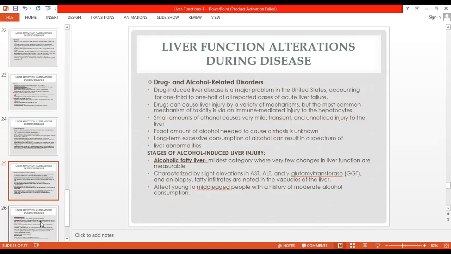Drugs can cause liver injury by a variety of mechanisms, but the most common mechanism of toxicity is via an immune-mediated injury to the hepatocytes. In this type of mechanism, the drug induces an adverse immune response directed against the liver itself and results in hepatic or cholestatic disease.